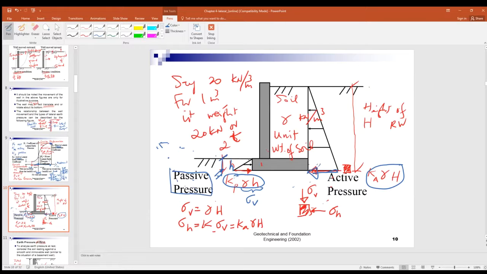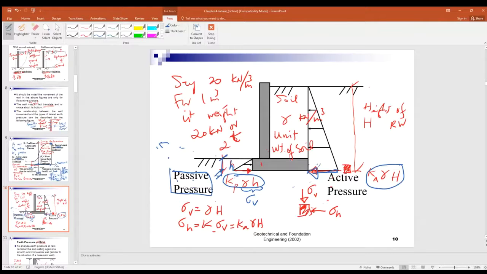So that is the passive pressure, right? Again, it increases in a linear manner. Okay, the greater the depth, the passive pressure is greater in a proportional manner. So everything is linearly increasing. So you got the triangles, right?